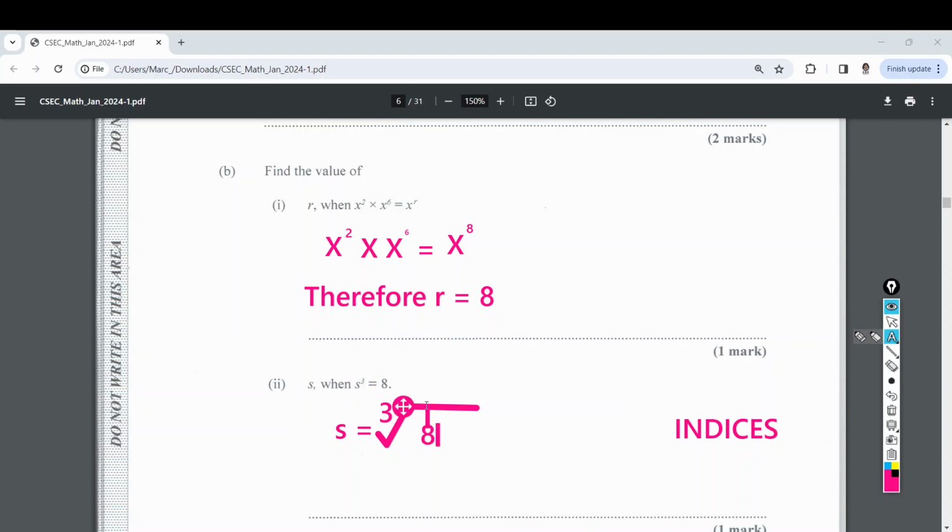And the cube root of 8 is actually 2. 2 times 2 times 2 is going to give you 8. Let me just show you right here. 2 times 2 times 2 is equal to 8. So the answer for s is equal to 2. And that's the answer. Pretty simple question. Not bad at all.